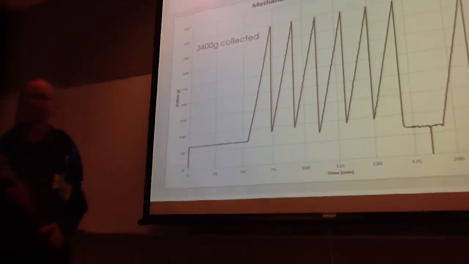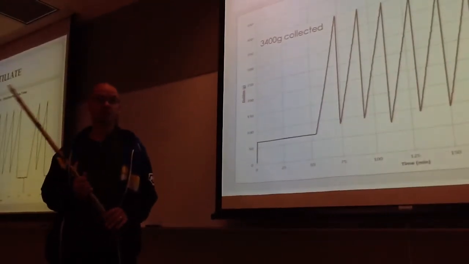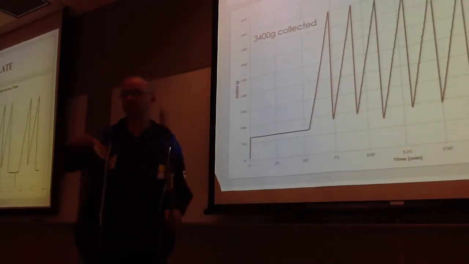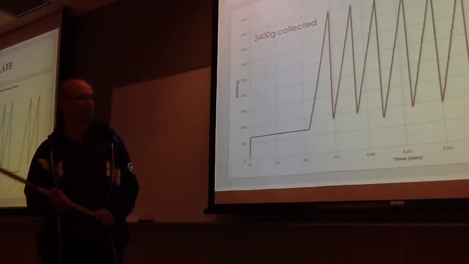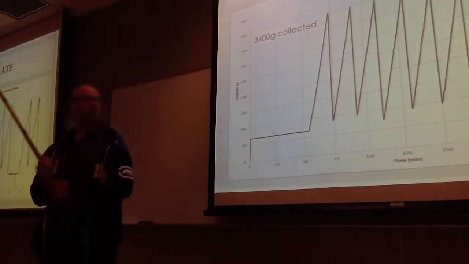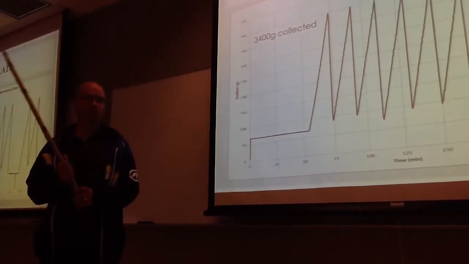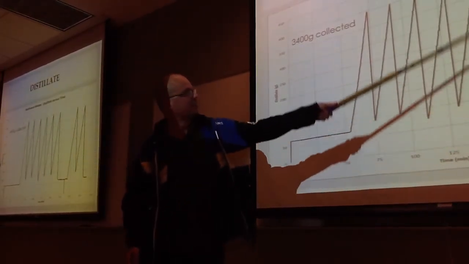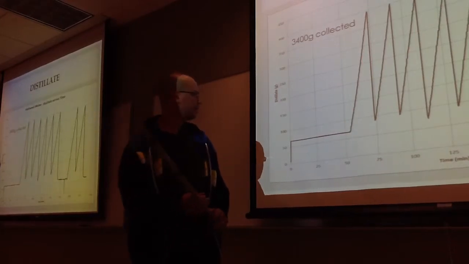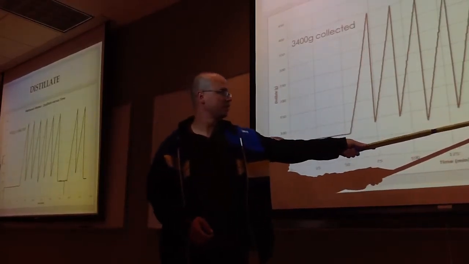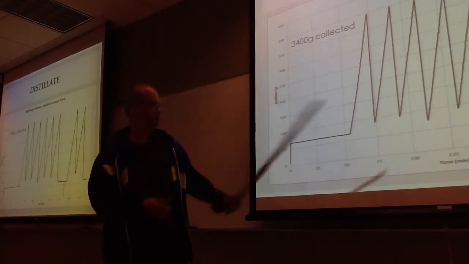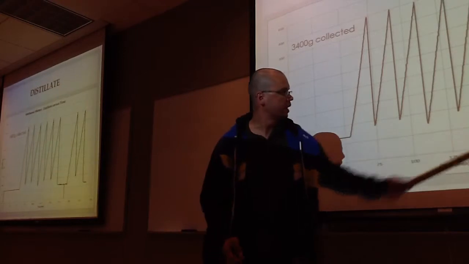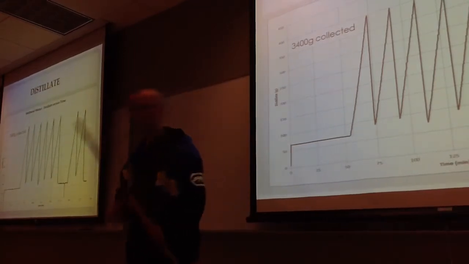I think the valve had failed to close, and so as they were collecting distillate over this time, it was just running out through the drainage hose through the bottom until Sumner was there with them and was watching it, and he just kind of tapped on the valve, and then it started collecting again. One thing to notice about this is that it dips all the way down to about 50 grams, further down than these other ones. And so the same thing happened at the end of their run.